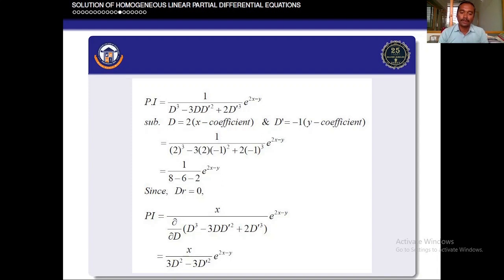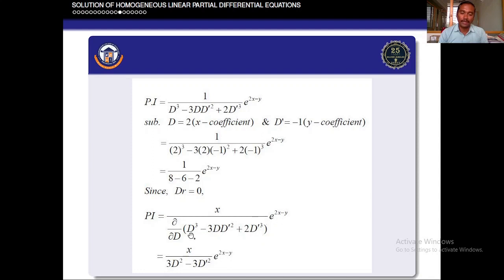So in this case, we have to modify our procedure to find the particular integral. For that, multiply the numerator by x in this step and then differentiate the denominator with respect to D. This is x divided by dou by dou D of D cube minus 3D D dash square plus 2D dash cube into e power 2x minus y.